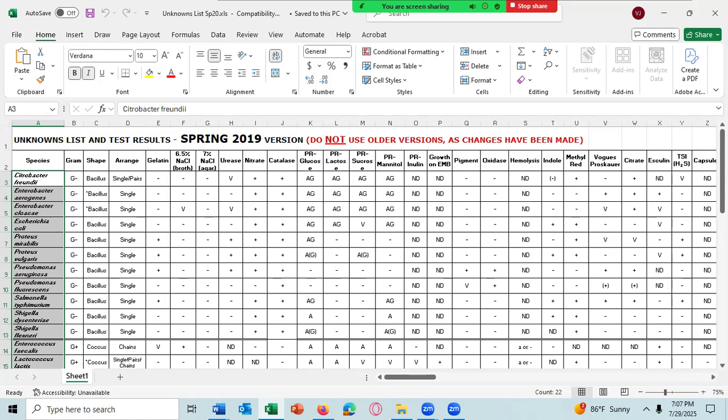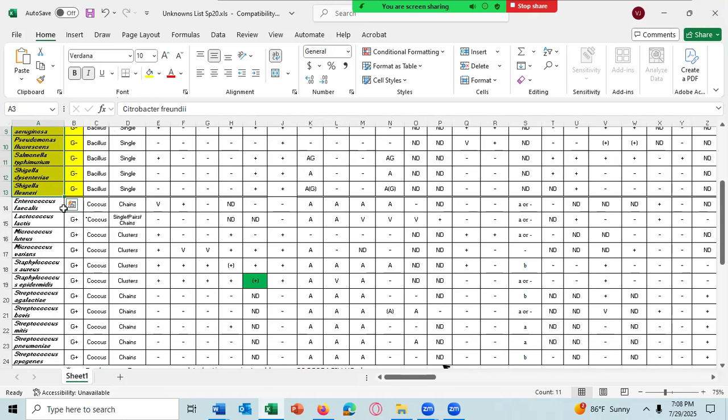After that, you will take a look at your results, and then you will request a test to further identify your species. Initially, I'll send you the gram stain, and if it's gram negative, you've now narrowed it down to these species of bacteria. Any question about that? And you've excluded all the gram positive, all of these here.